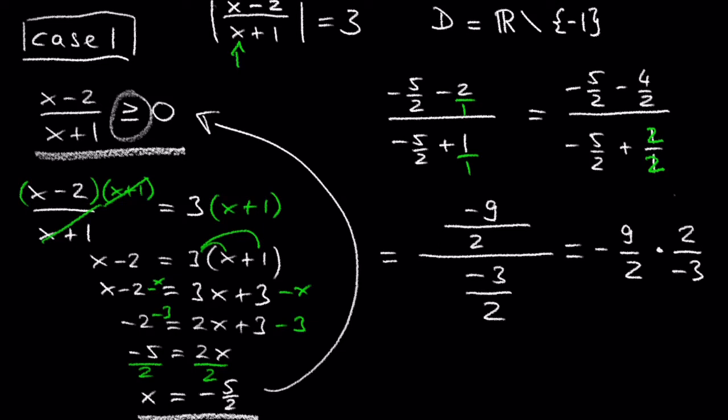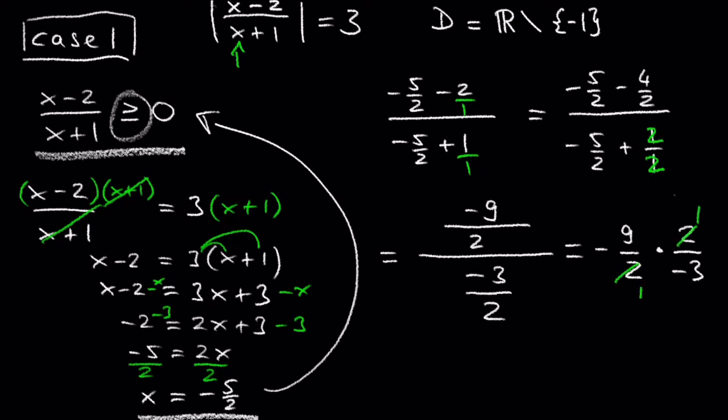Negative 9/2 multiplied by negative 2/3. The 2 can be cancelled out because 2 divided by 2 is 1. And negative times negative is positive.